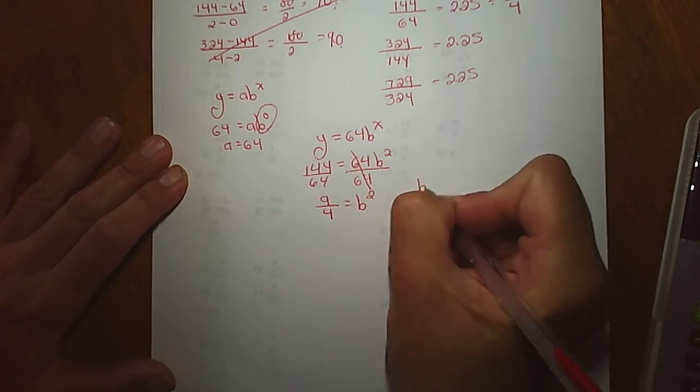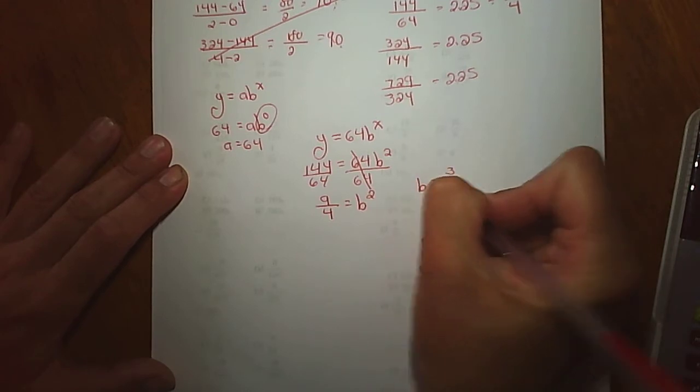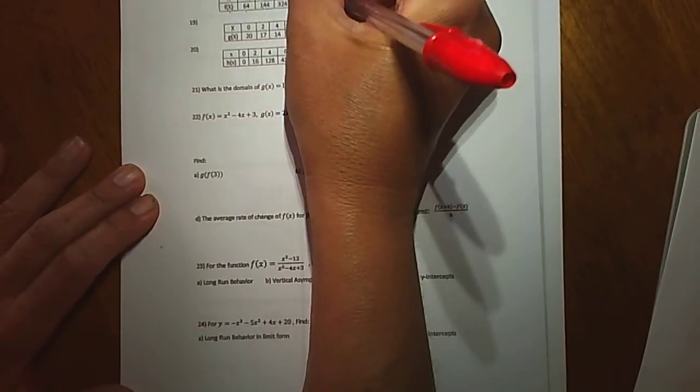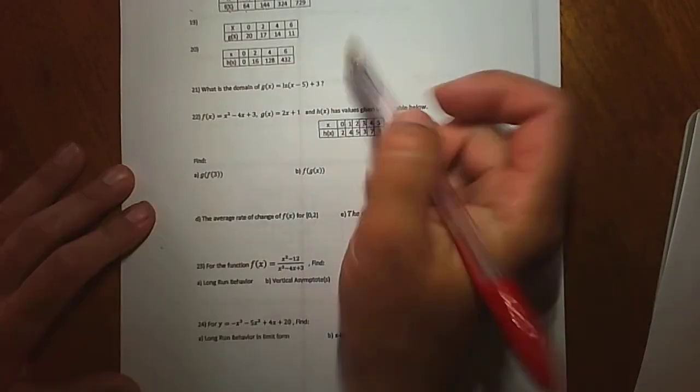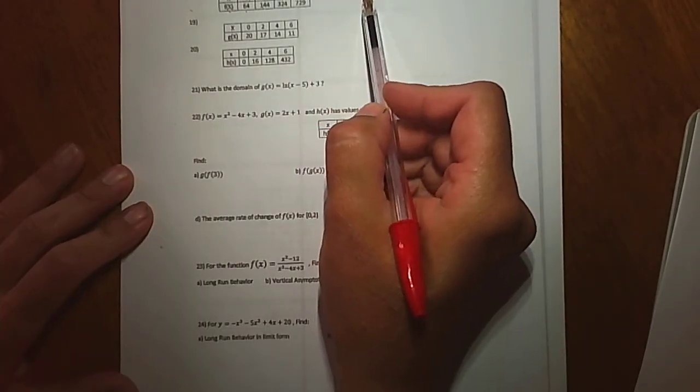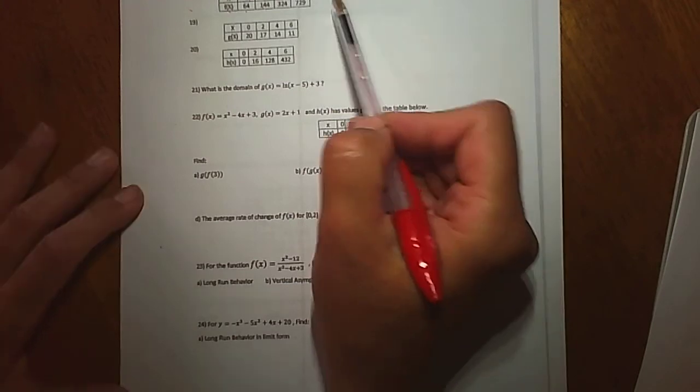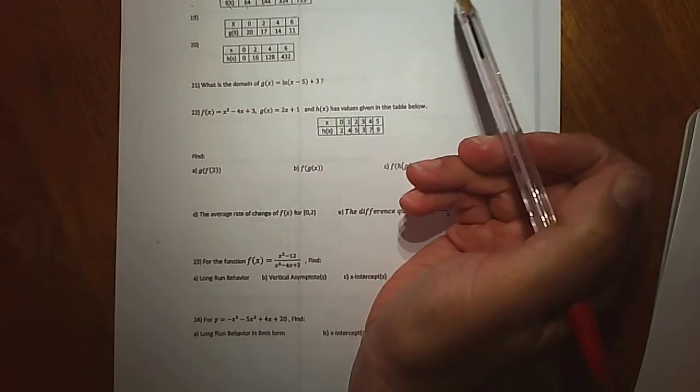Take the square root of both sides. B comes out to be 3 over 2. So notice this is f of x, so you should write f of x equals 64 times 3 over 2 to the x. And that is the answer for 18. You have to have f of x equals in order to have a formula or an equation. Without this, I would have to take off points.